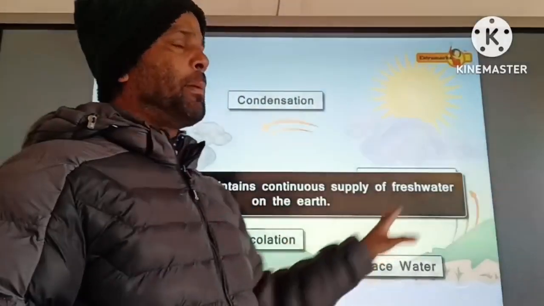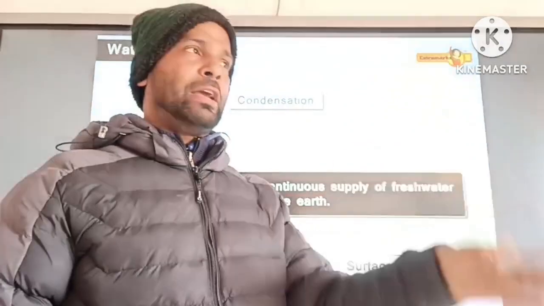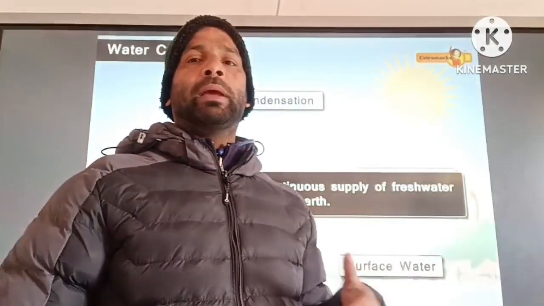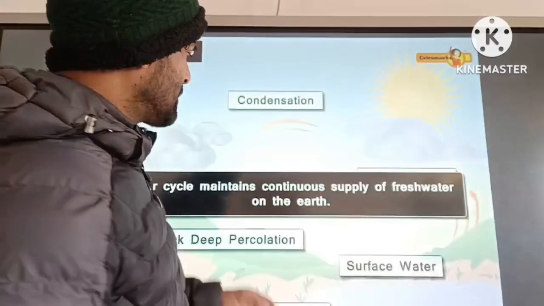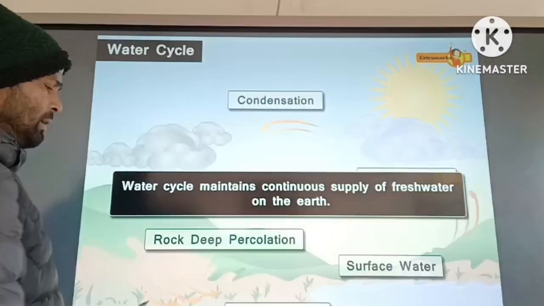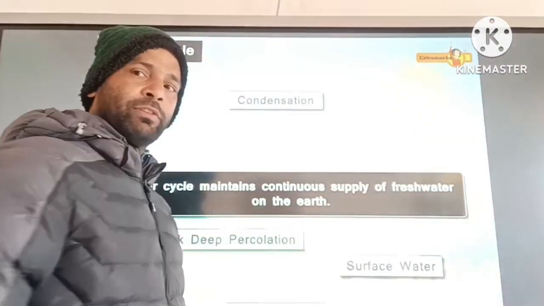By passing through these different processes, the water evaporates, then condenses, then precipitates. So all these processes make the water very pure, and this is called the surface water, that is fresh water. There is percolation that takes place into the groundwater, which is surface water as well.